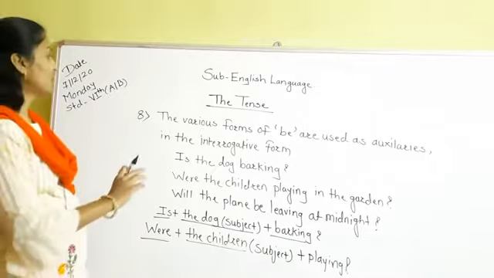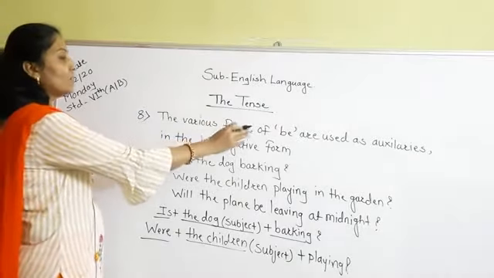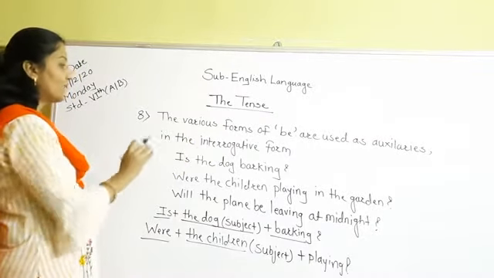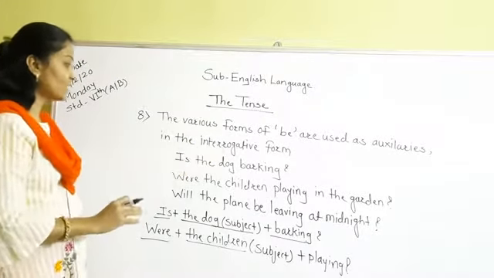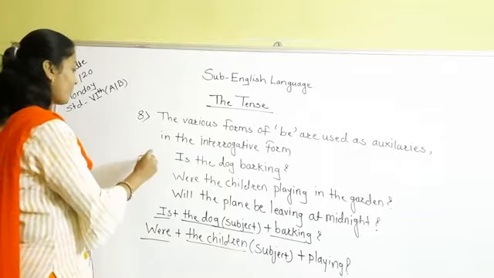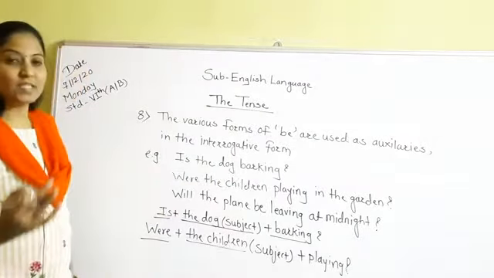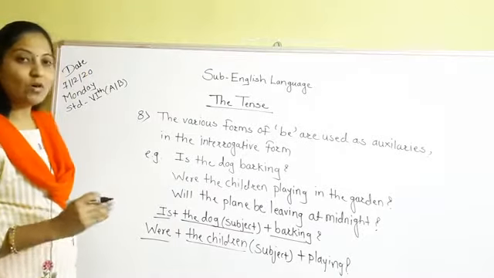Now students, see the next rule. The various forms of be are used as auxiliaries when we are forming the interrogative form. Now see the example. Is the dog barking? Previously we have written the sentence the dog is barking.